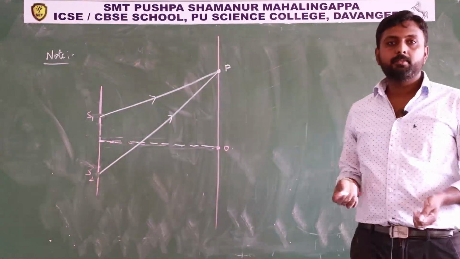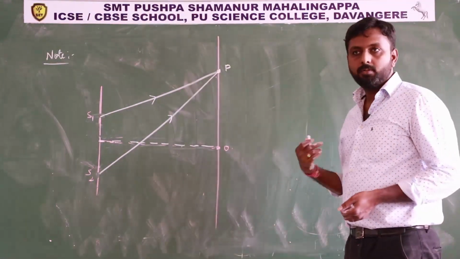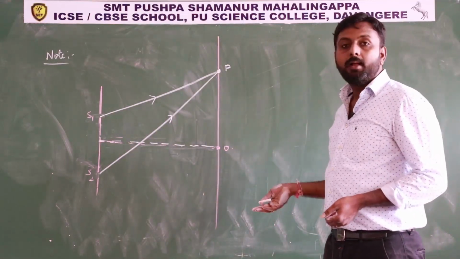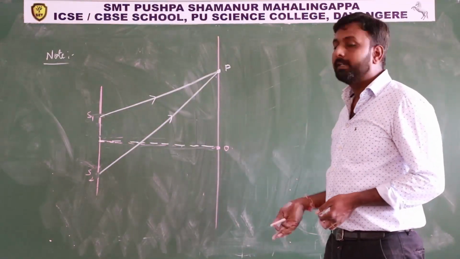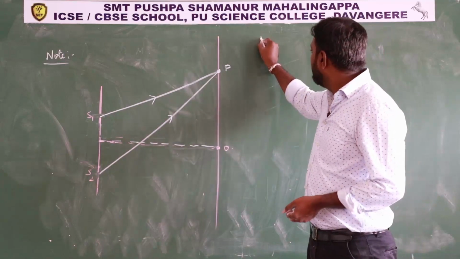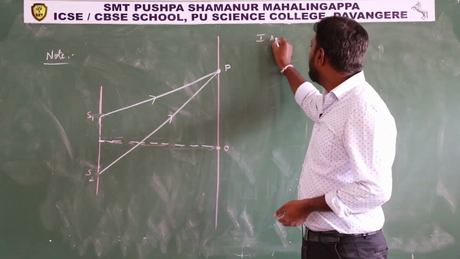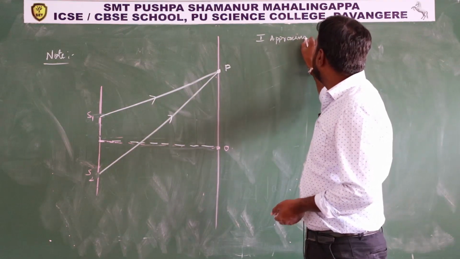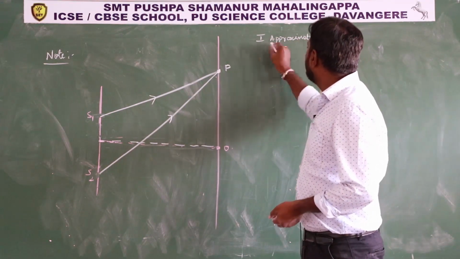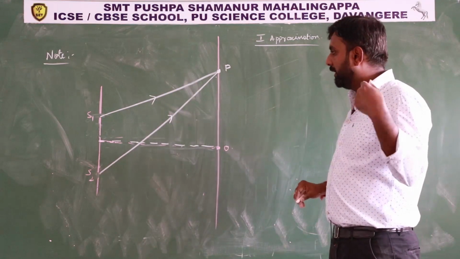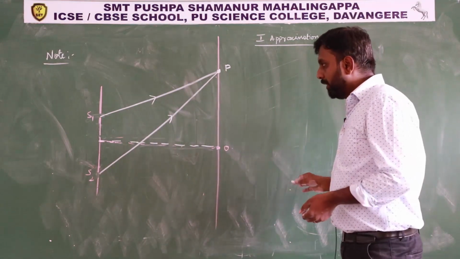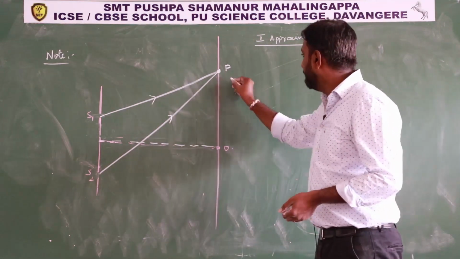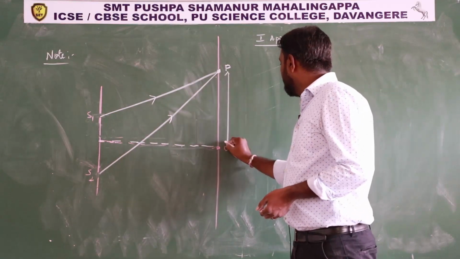We have taken approximations in this condition to get the path difference expression. See here, what approximations we have to take. In the first approximation, as I just mentioned, x is very much lesser than d. This distance is x, isn't it?